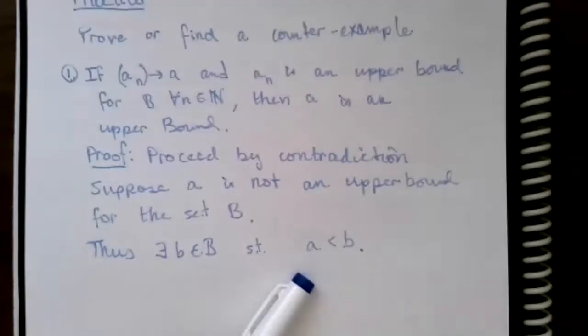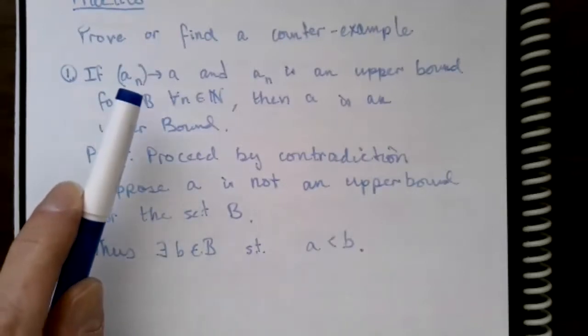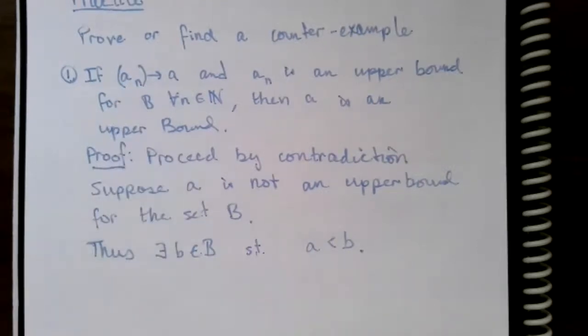And we want to break that. So the way to break it, I think, is we should try to show, now that we've got this, or try to produce terms in the sequence that are not upper bounds. Okay, so how are we going to do that? What's our idea?